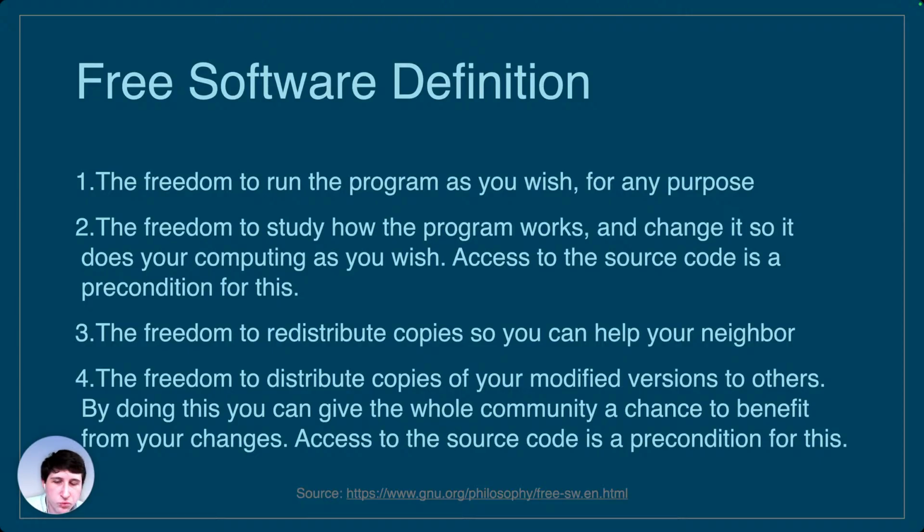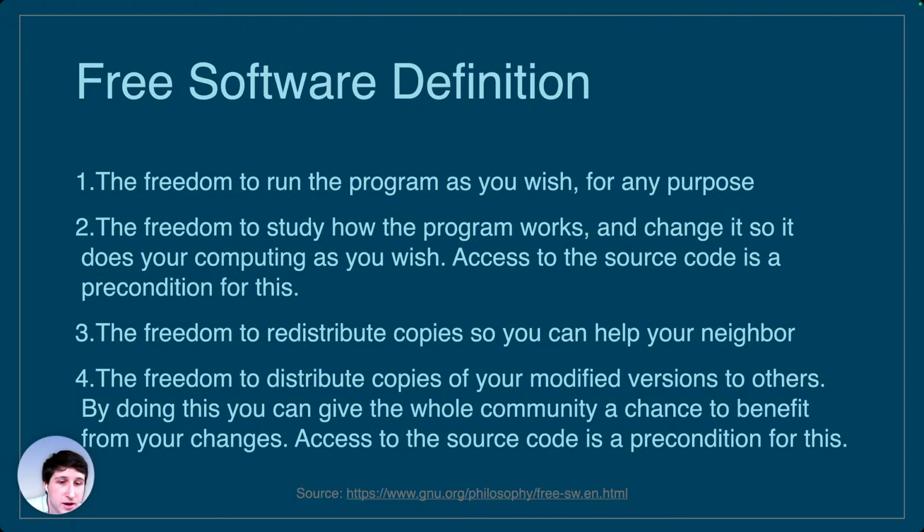Number three, the freedom to redistribute copies so you can help your neighbor. What they mean by that is that you can make a copy of the code or a copy of the binary. So if I obtained a copy of the software, it's not just a copy that I have, but it's a copy that I can make a copy of and then give to somebody else. And number four, the freedom to distribute copies of your modified versions to others.